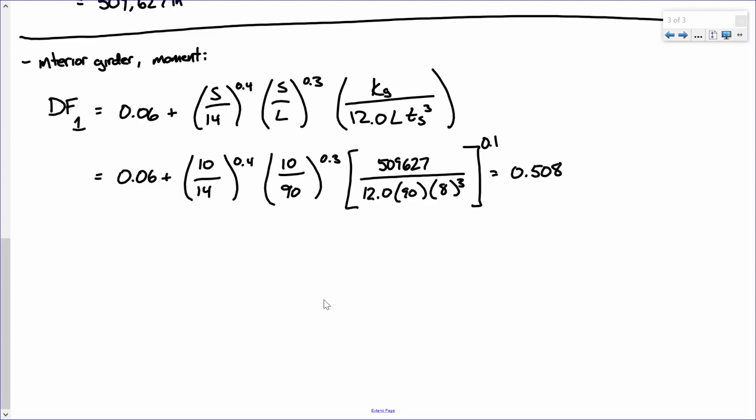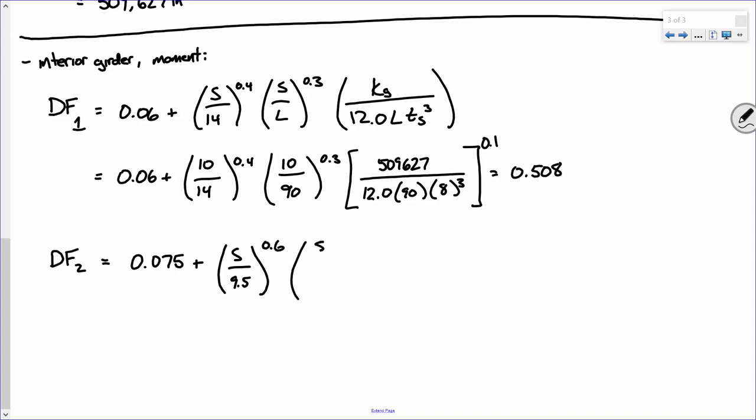Okay, now for multiple lanes loaded, let's see if I can remember this. The equation is very similar, only this becomes 0.075. This becomes 9.5. That's 0.6.